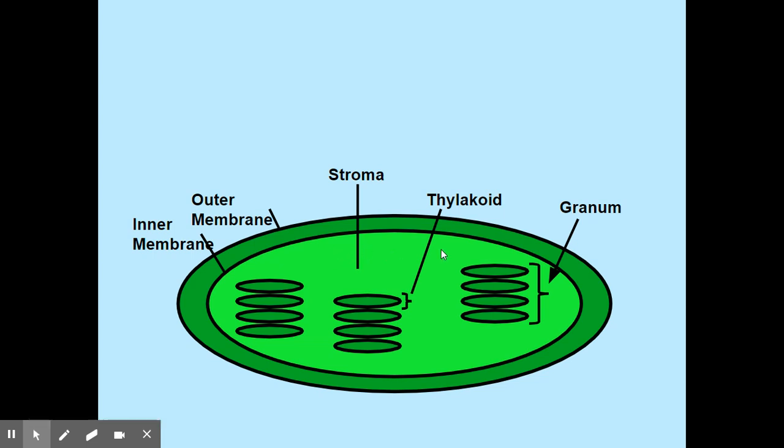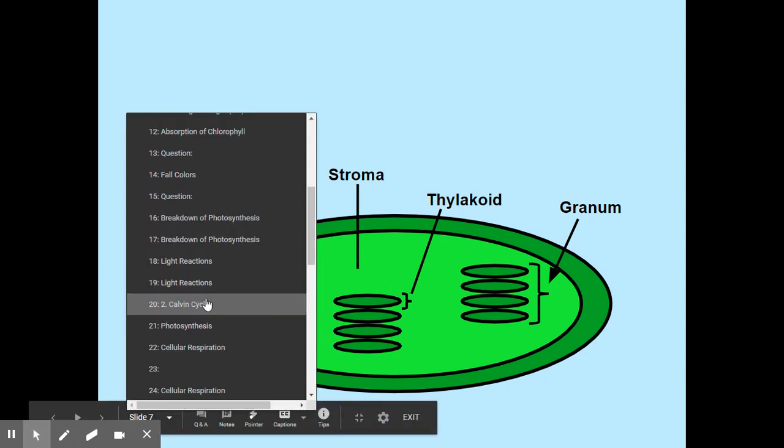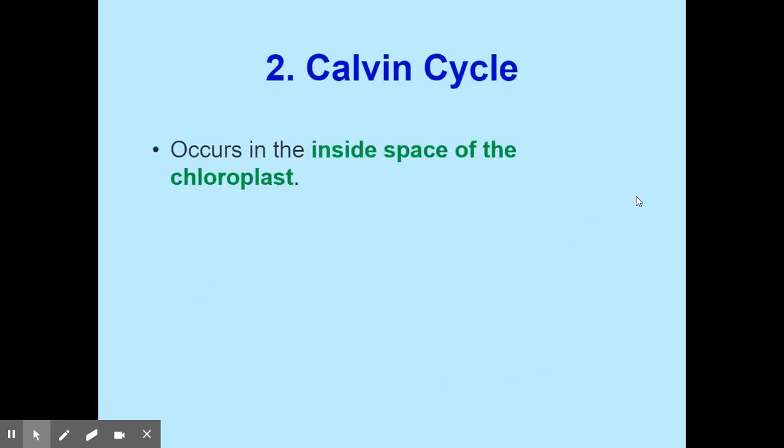So we were just inside these thylakoid membranes and in the thylakoid, and now we're in the stroma. So that's where this reaction, the Calvin cycle, takes place, inside the space of the chloroplast called the stroma.